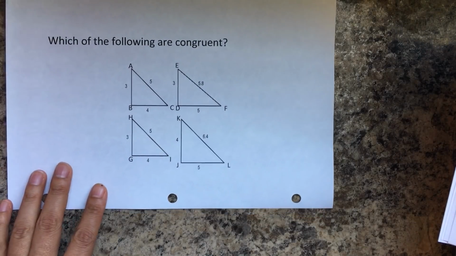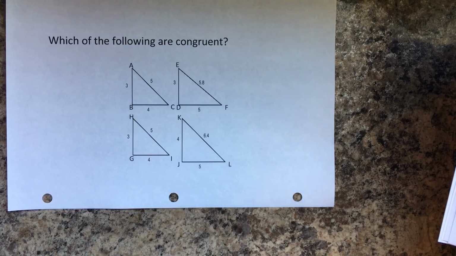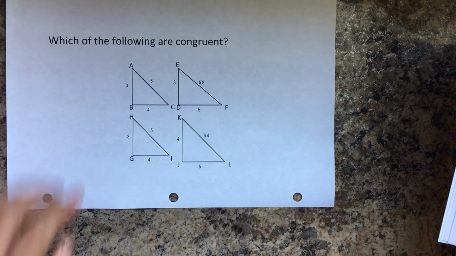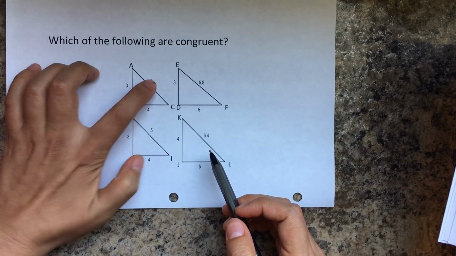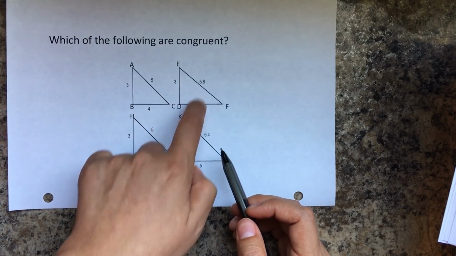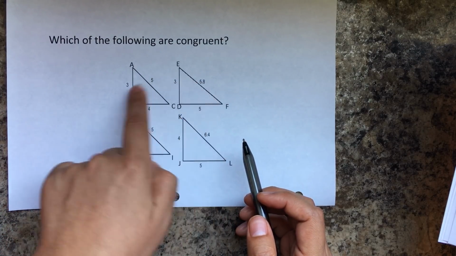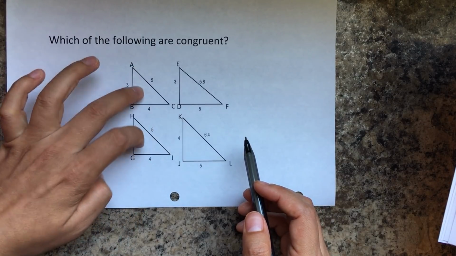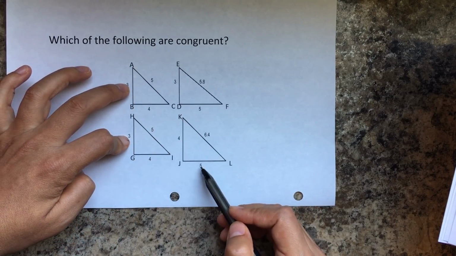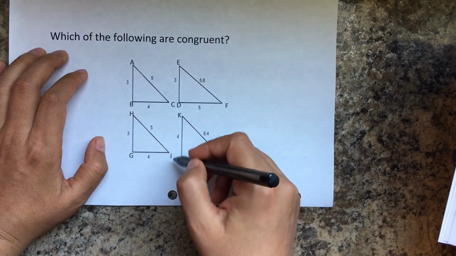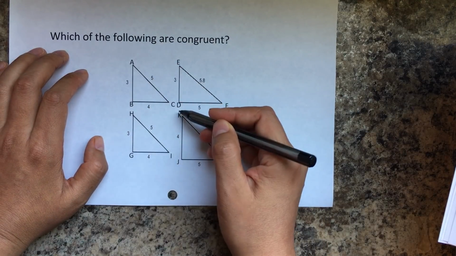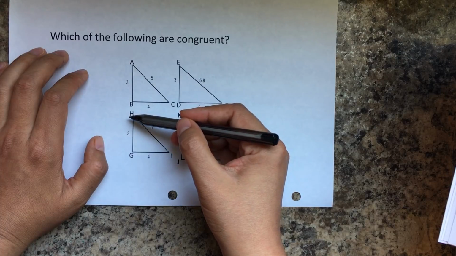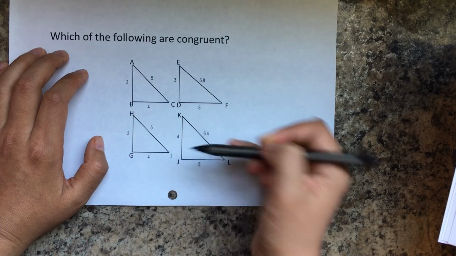Okay, another example. Which of the following are congruent? So by the measurements, we have 3, 4, 5, 3, 5, 5.8. Those don't match. We have 1, 3, 4, 5. Okay, those match. And then 4, 5, 6.4. So the ones that match are ABC with HGI.